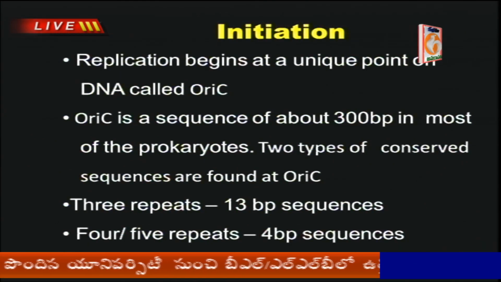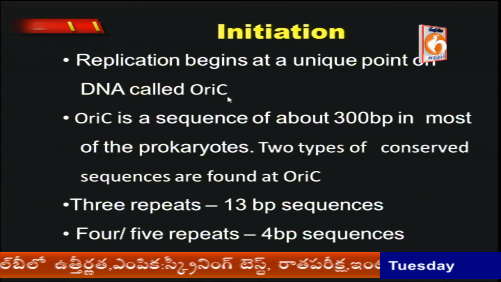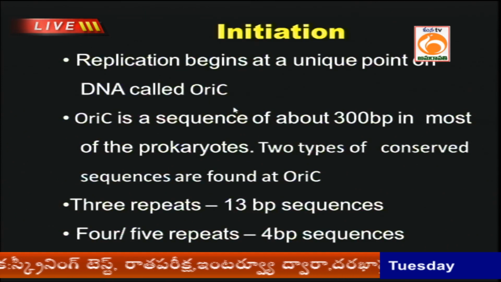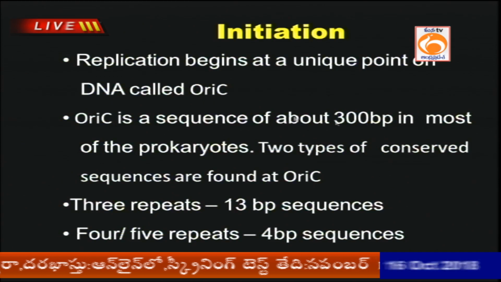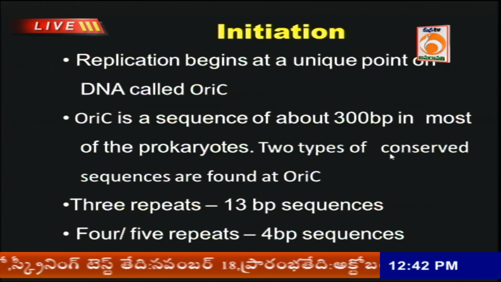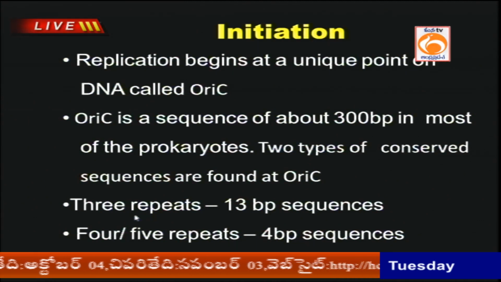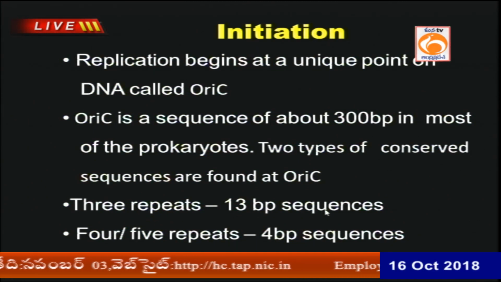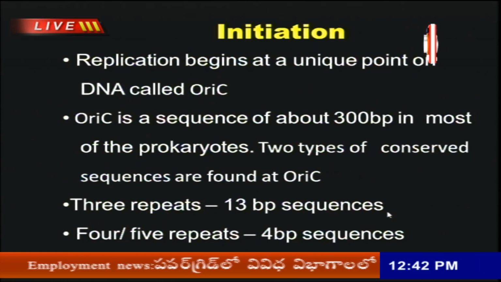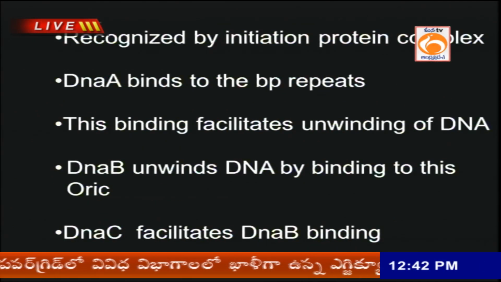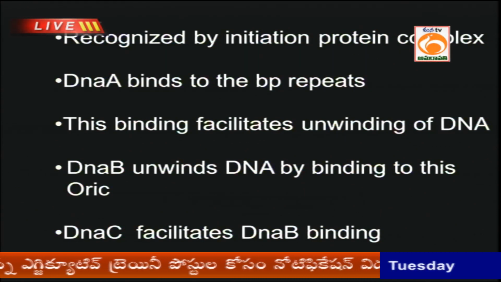DNA replication always begins at a unique point called origin of replication site, OriC, and it is a sequence of about 300 base pairs in most of the prokaryotes with highly conserved sequences, and it consists of 3 repeats of 13 base pair sequences and 4 or 5 repeats of 4 base pair sequence sites. They will be recognized by a specific initiation protein complex.